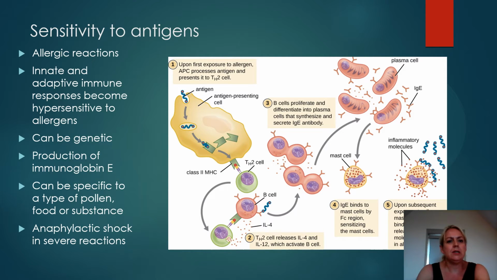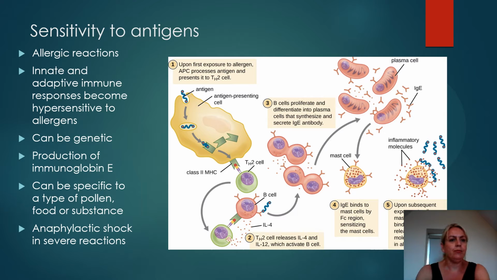Sensitivity to antigens is basically allergic reactions to various types of things. The innate and adaptive immune response become hypersensitive to some of these allergens. It can be passed down through your family, so your mum or dad may be allergic to a certain pollen or something and you may end up with that as well.